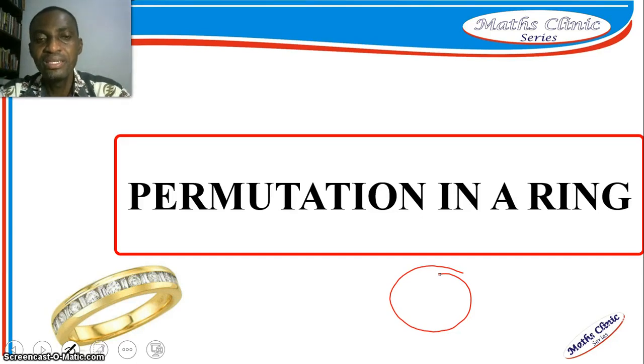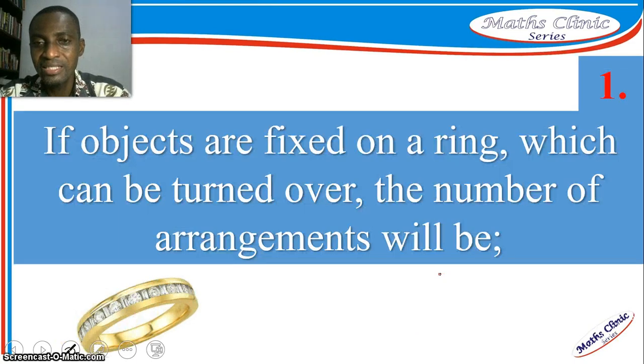It's like arranging bangles, the ones we normally wear on our hands. If you place it on a table, the arrangement from left to right is not the same when you turn it upside down. What you mark as your first, when you turn it upside down, may be the last. And so in a ring, there's a slight difference.